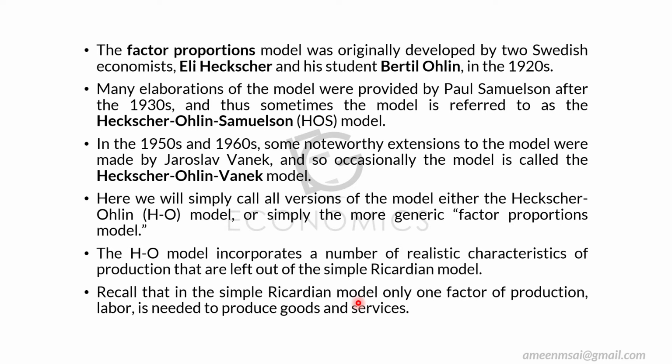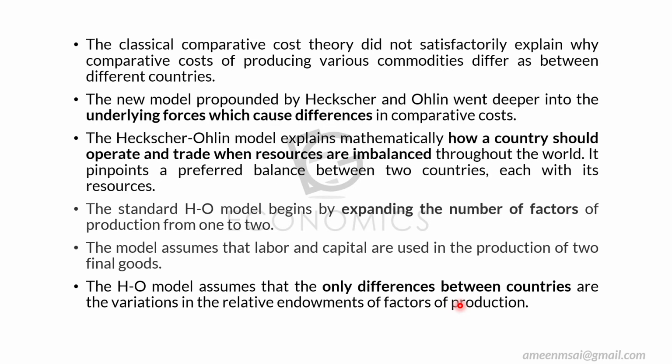He uses only labor as the factor of production. But when it comes to the HO model, we use all the factors of production, that is, capital and labor. In this way, the HO model brings many realistic characteristics into the model.